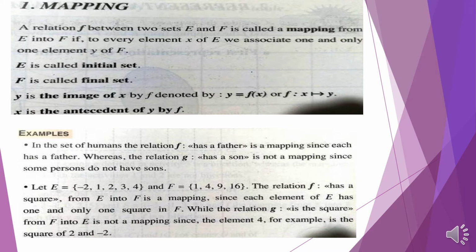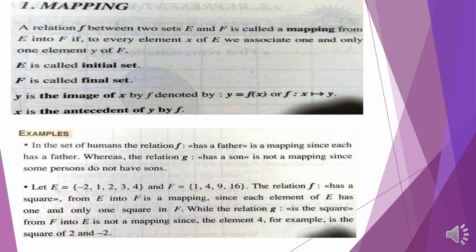So the image of minus 2 by small letter F is 4. Also the image of 2 is 4. The image of 1 is 1. The image of 3 is 9. And the image of 4 is 16. So this relation from E to F is a mapping, since each element in E has only one image in F.